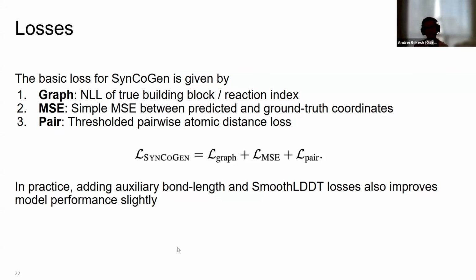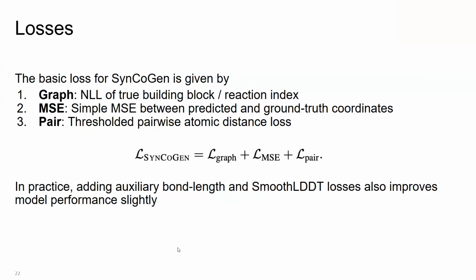But when I was doing the experiments for SynCoGen, I kind of treated it as an additional loss. So most of the experiments just included everything. I didn't really replace pairwise with smooth LDDT. We just threw all the different losses in and saw how it went, honestly just because we were curious.